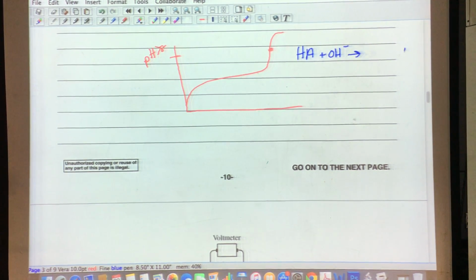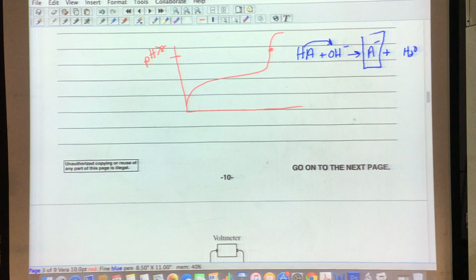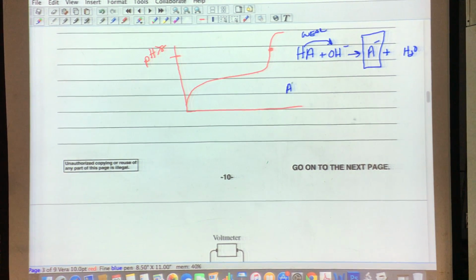I'm going to make water because this is going to pull the H away. But what else am I going to make? A conjugate base. You've made 100% conjugate base. If it's a weak acid, that means its conjugate base has the ability to do what? Ionize water. So this conjugate base is going to yank an H and what?